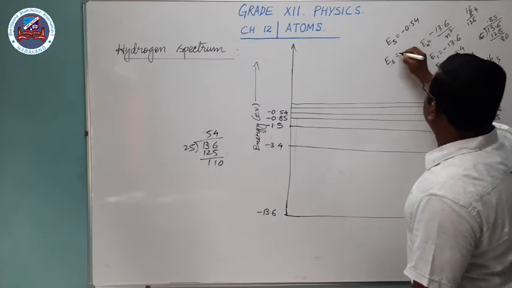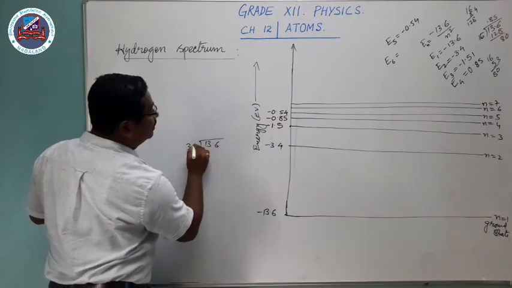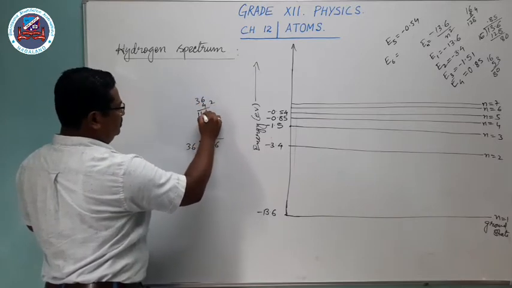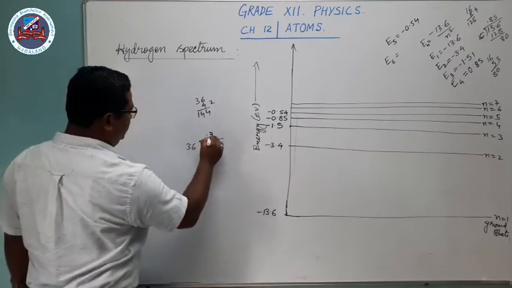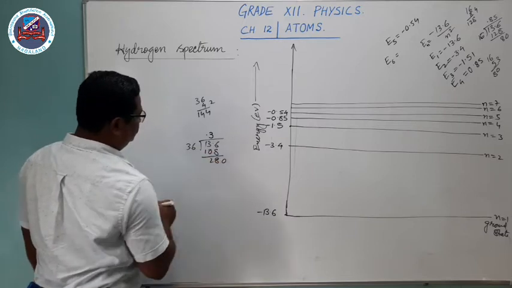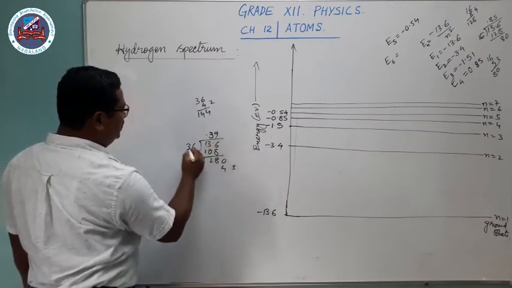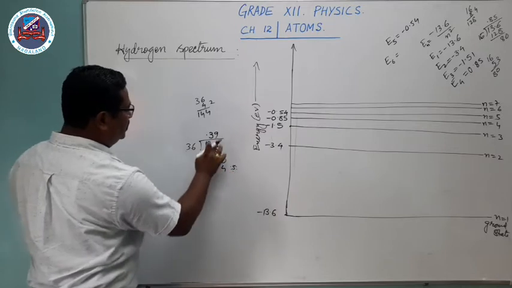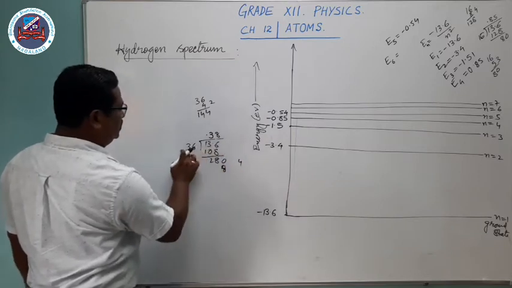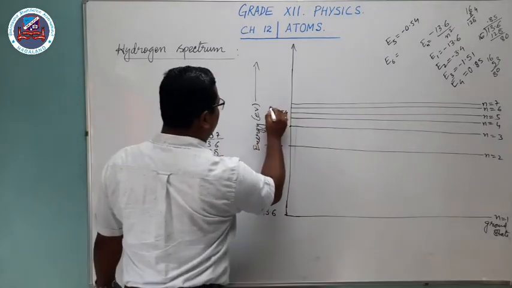E6: 6 square is 36, 13.6 divided by 36, which is around minus 0.37 electron volt.